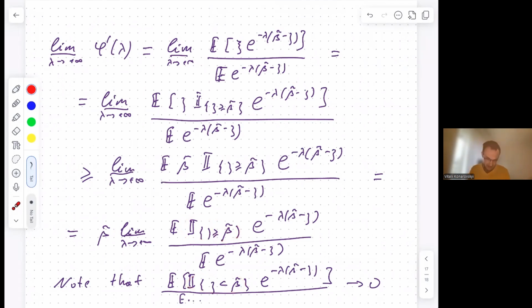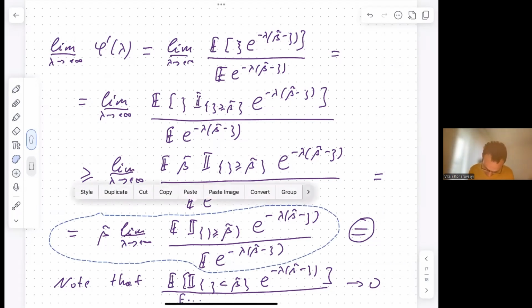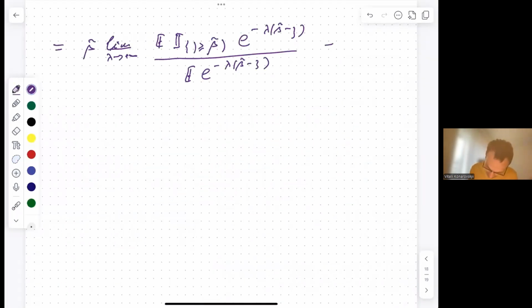And it tells me that I can remove the expectation. Let me write this precisely. It is equal to, I want to copy that part, and go to another page. And then you can write here plus beta tilde limit as lambda goes to plus infinity of the expectation and then the indicator.